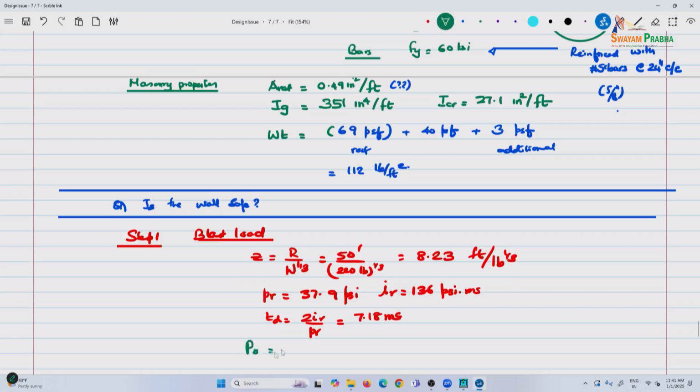Consequently, P naught is PR multiplied by B multiplied by H. So, this is per foot, 37.9 multiplied by 12 inches, and the height is 16 feet, comes to P naught is equal to 87.3 kips.